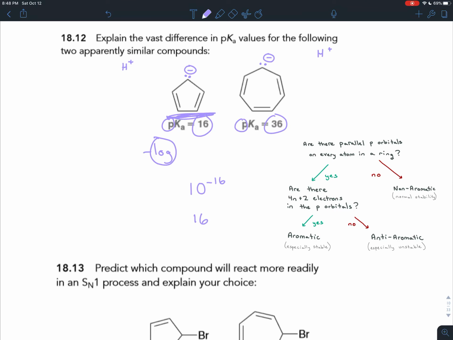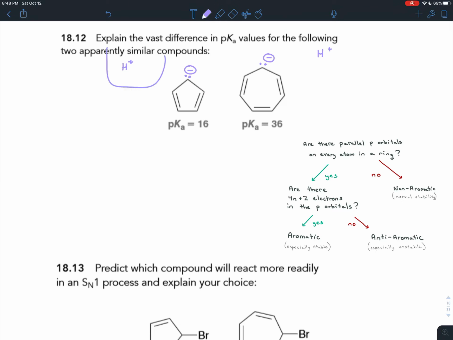So this molecule on the left is profoundly more acidic than the molecule on the right. What could be explaining that? Why would the molecule on the left be 20 powers of 10 more acidic than the molecule on the right? And that's what they want you to explain here.